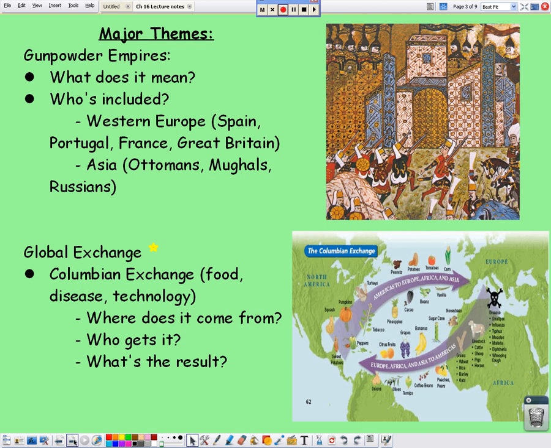And who do we mean when we talk about gunpowder empires? Well, we mean the people that first weaponized gunpowder. So that would be Western Europe and several civilizations in Asia, specifically the Ottomans, the Mughals, and Russia.